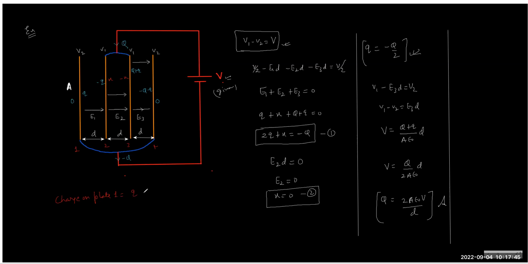It is Q by 2, which is minus Q by 2, which is minus A epsilon naught V by d. And the charge on plate 4? Plate 4 is minus Q plus Q by 2, which is minus Q by 2. Yes.